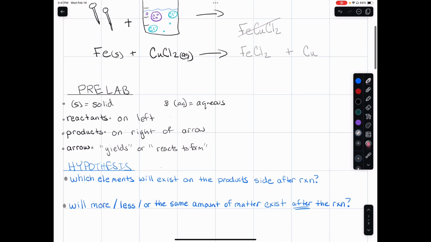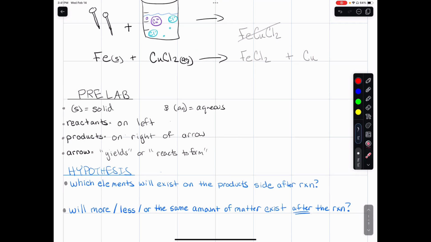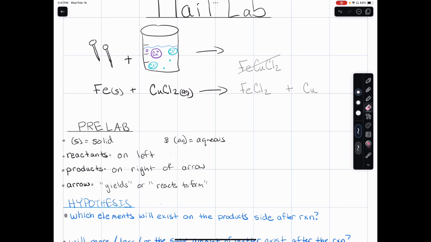The second question I'd like for you to consider is, will more, less, or the same amount of matter exist after the reaction as before the reaction? Well, let's consider. So we started with a certain number of particles on the left side.